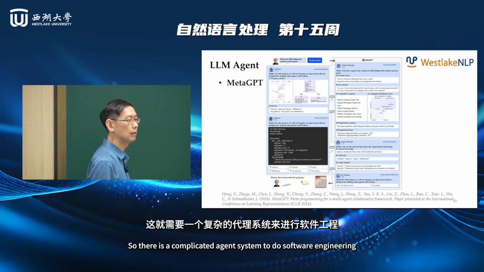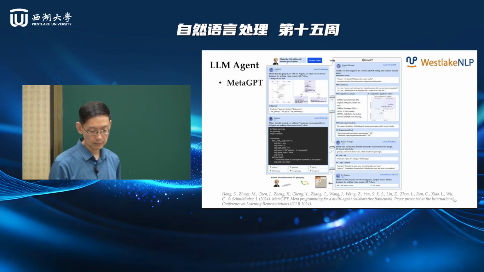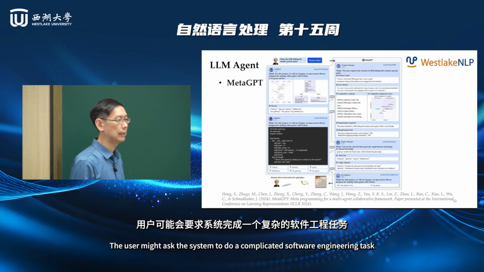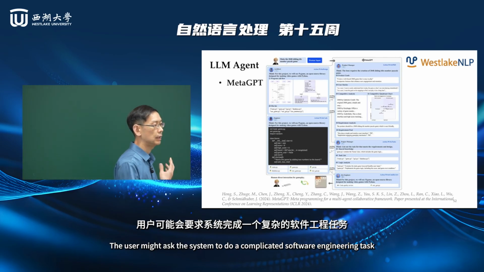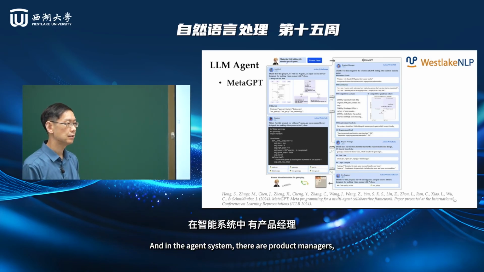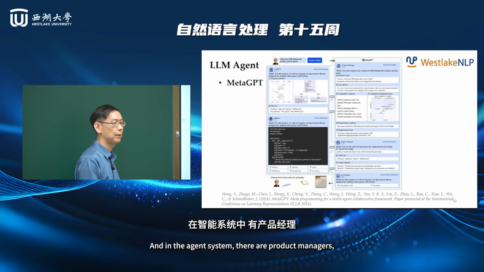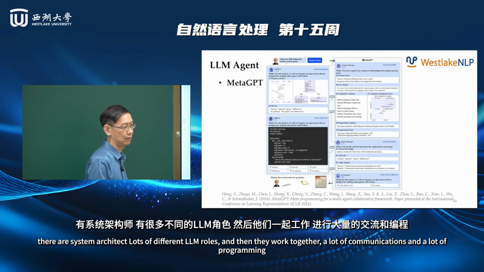So there is a complicated agent system to do software engineering. The user might ask the system to do a complicated software engineering task. And in the agent system, there are product managers, there are software engineers, there are system architects. Lots of different LLM roles.